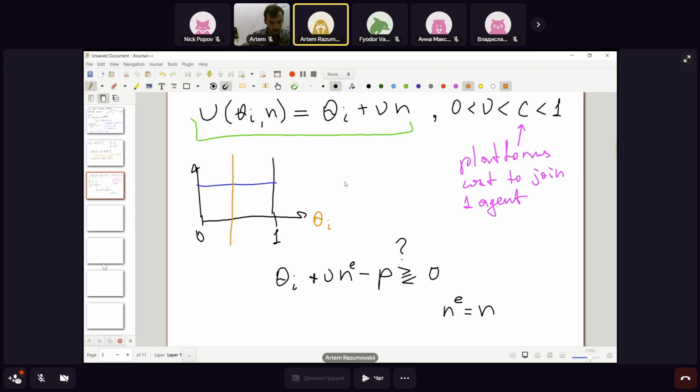Once again, can you hear me? Yes. Can you see the change on the picture with orange color? Yes, we can. So then there will be some agents who will join and some who will not. The agents with higher or lower theta will join?